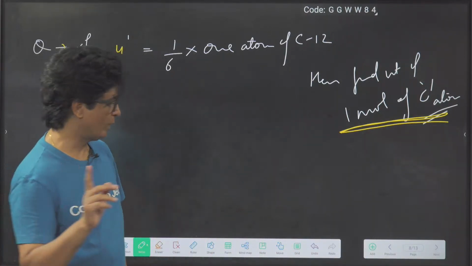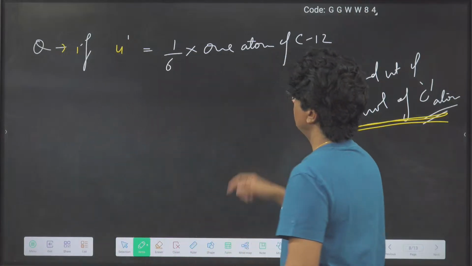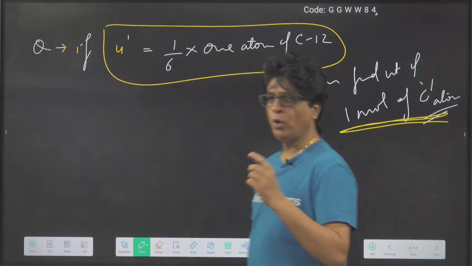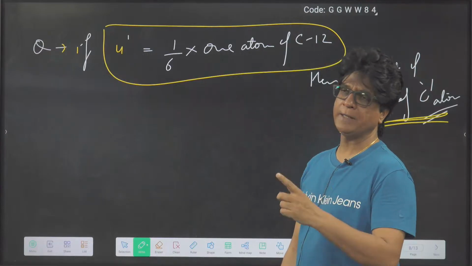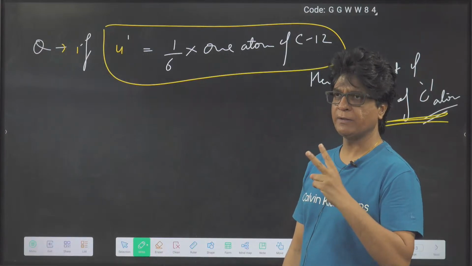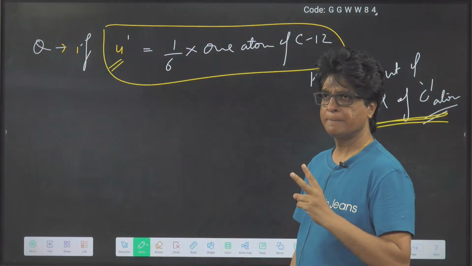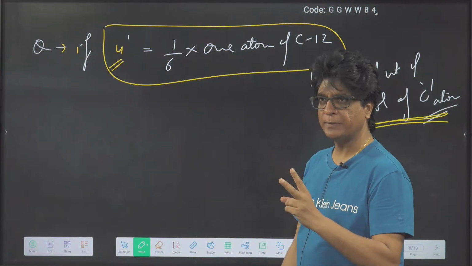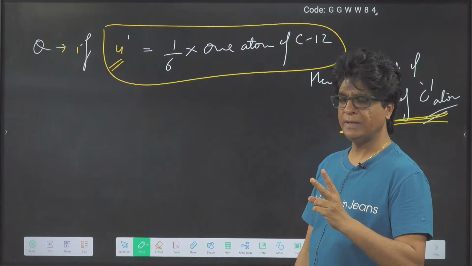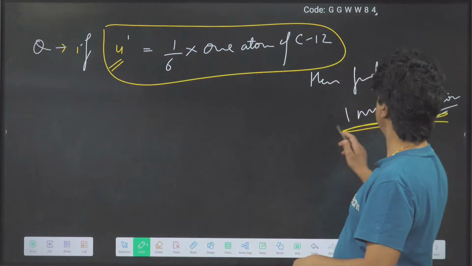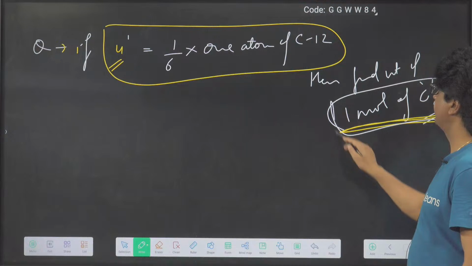See, understand one thing. Let's first of all do this again. If I talk about the weight of one atom, there are two different questions I'm asking. If I'm changing the value of AMU, then the weight of one atom in terms of the new unit, and the weight of 1 mole of carbon atom.